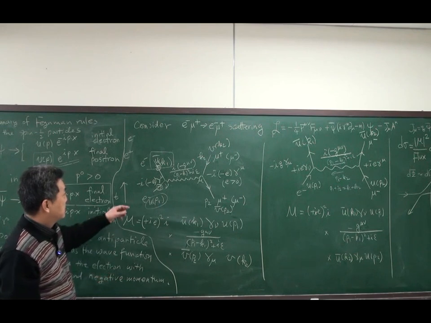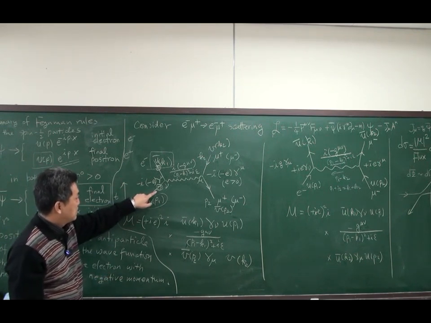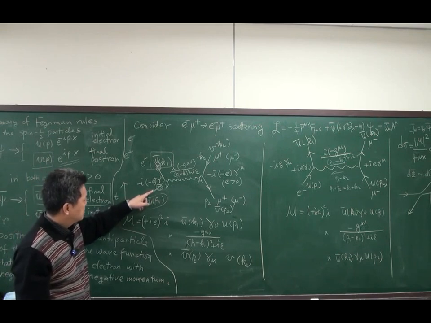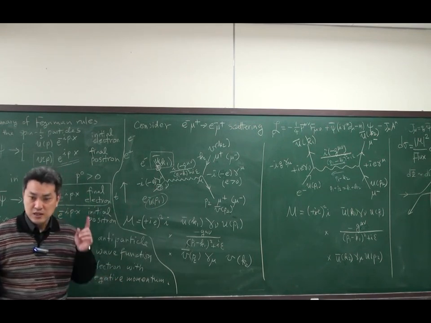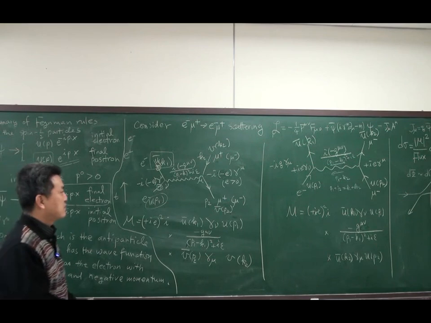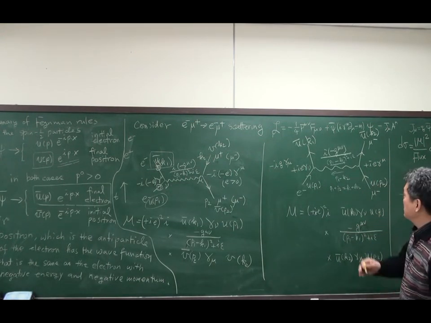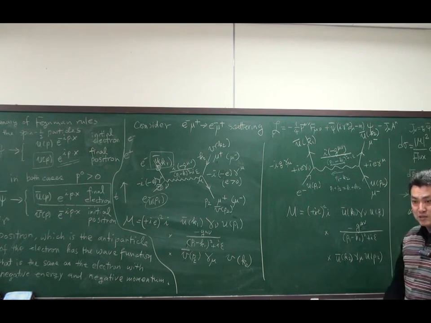That means in case we put the direction, this arrow should always be parallel to the direction of motion of a particle, not antiparticle. Our theory, this Lagrangian, is the electron's Lagrangian. This Lagrangian is not the positron's Lagrangian.